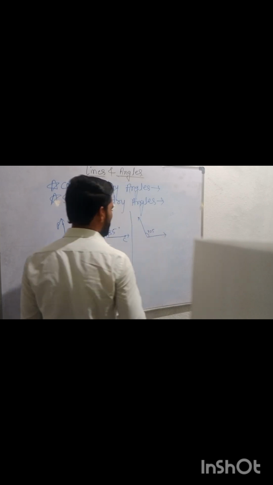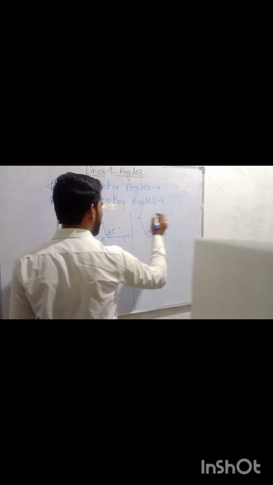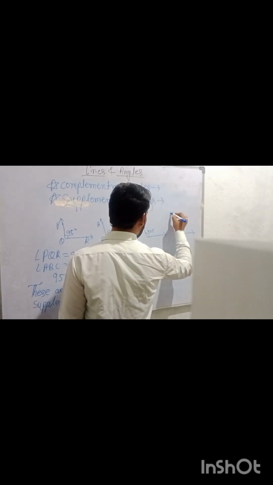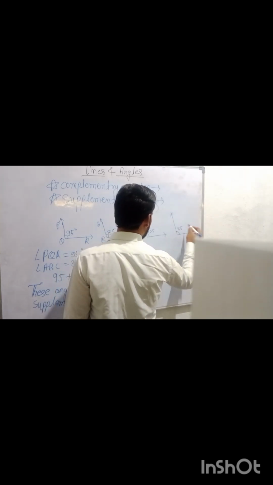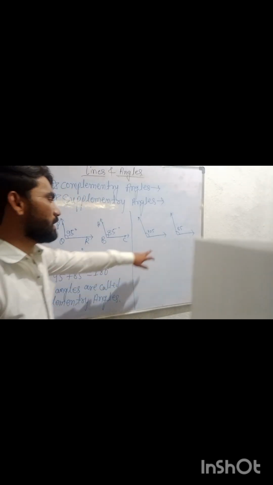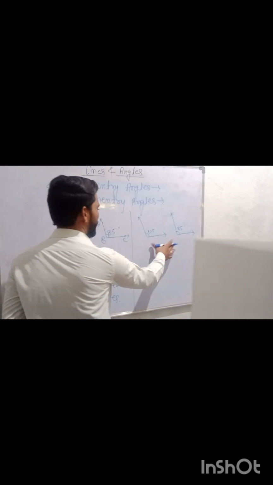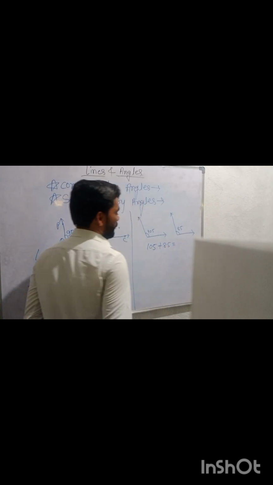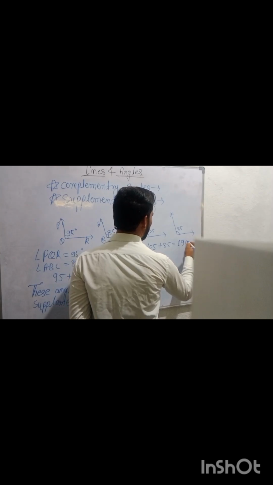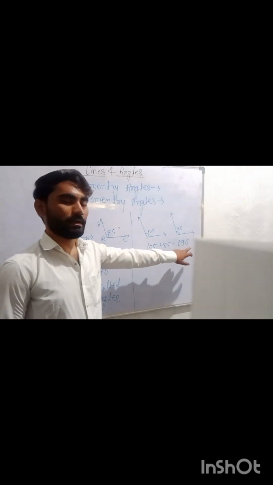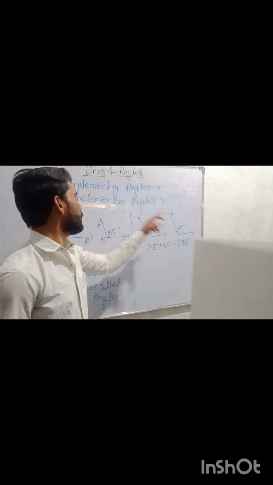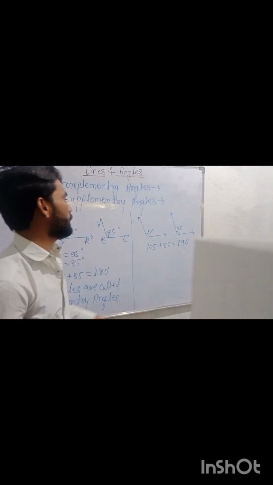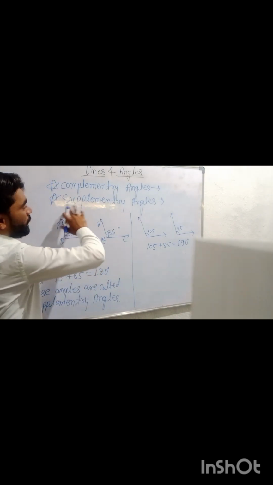First angle is 105 and the second one is 85. Okay, dear students, we have two angles. When we add 105 plus 85, we get 190. So we cannot call these angles supplementary angles because their sum is 190 degrees.